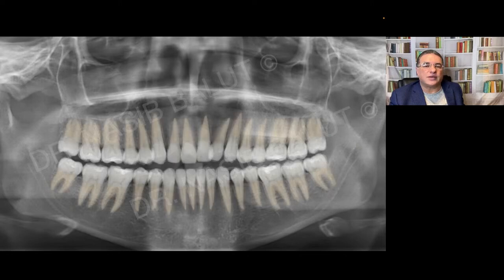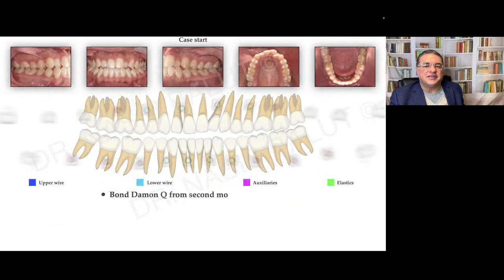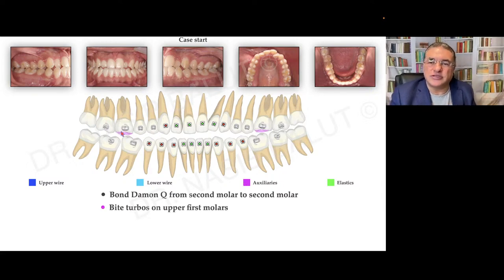So let's see what we did step by step with this case, with this diagram. We start with Damon Q brackets from second molar to second molar, upper and lower. We place bite turbos. In all of my cases, I place the bite turbos because they allow me to have better arch development.